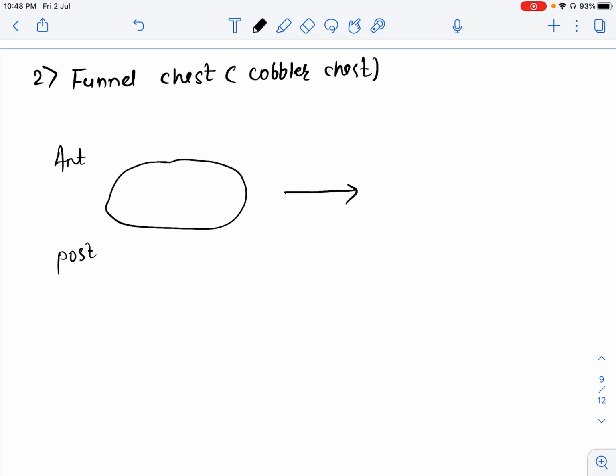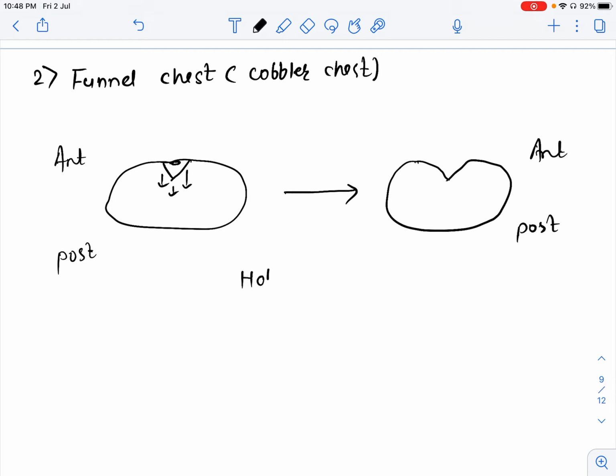Now what if this xiphi sternum and anterior part of your chest goes in like this? What will happen? Your chest will become something like this. This will be your anterior part and this will be your posterior part. So basically there will be a hollow or a kind of fossa created anteriorly on your chest.